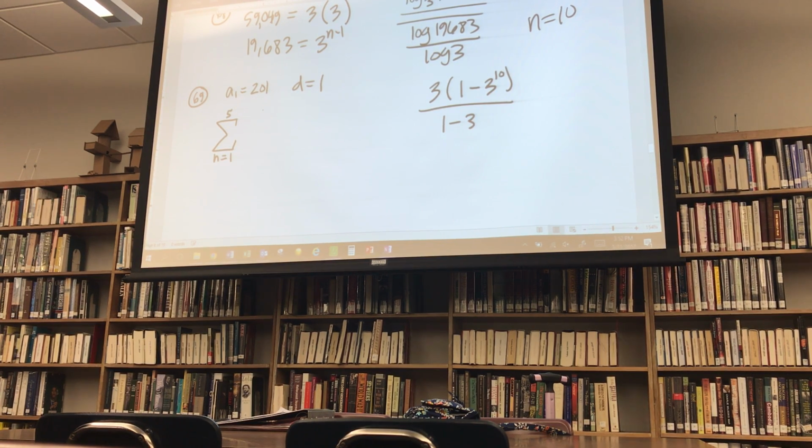But then I need to figure out what the actual equation is going to be, and that's the first term plus the difference times n minus 1. So this is going to be n plus 200. Right? So I can still figure out how many terms there are just by counting, and I can figure out what the formula would be because it was arithmetic.